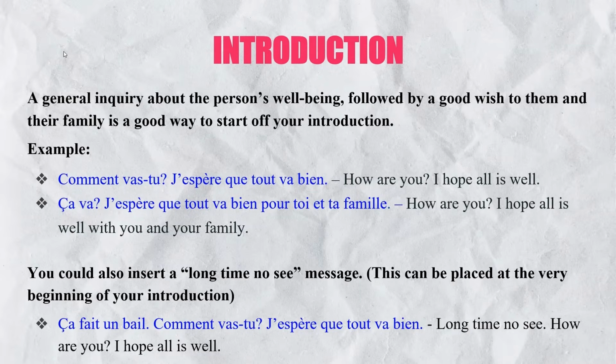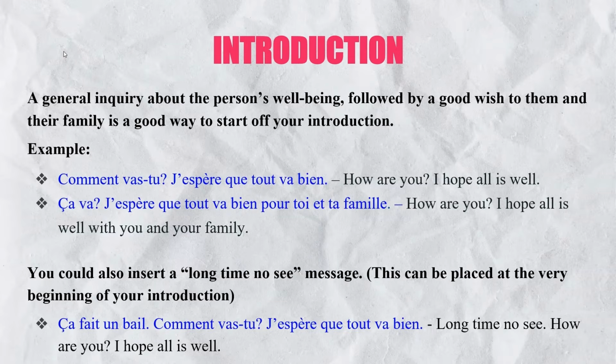So example, comment vas-tu? J'espère que tu vas bien. How are you? I hope all is well. Or you can say, ça va? J'espère que tu vas bien pour toi et ta famille. How are you? I hope all is well with you and your family.